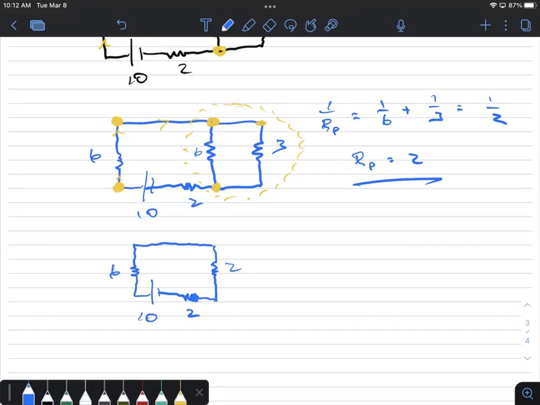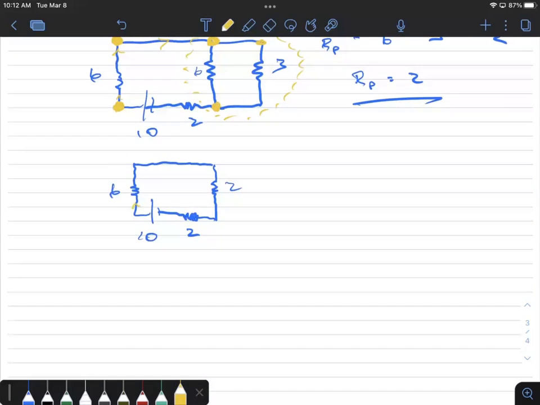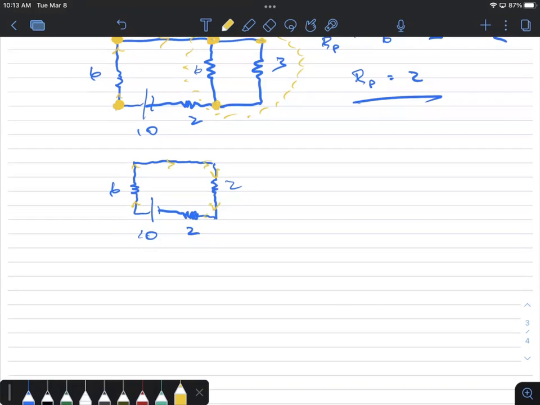Now what do I have? Look at the electrons. The electron hits this 6, keeps on going, and then has to hit this 2. There's no choice. So I know this 6 is in series with this 2, but let's keep on going. The electron that hits the 2 keeps going and then hits this other resistor with no choice but to hit it.